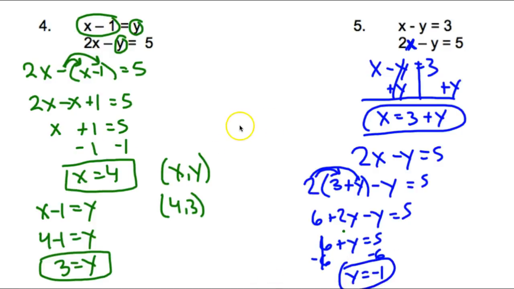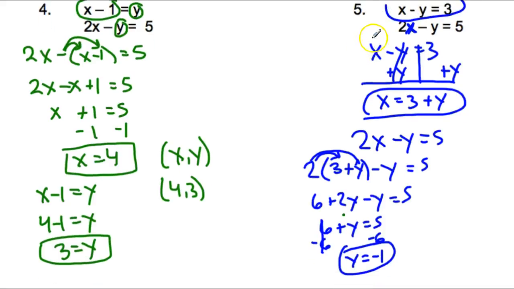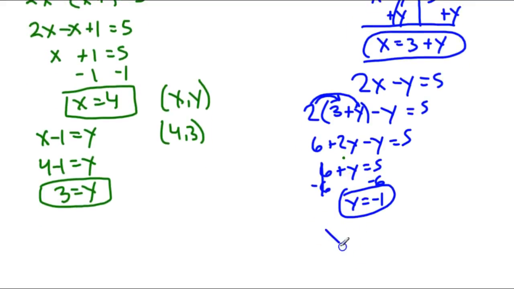So now, since y is negative 1, I can plug it into either of these equations to get my other one. I like this one again. I think that one looks a little easier. X minus y equals 3. So we have x minus y equals 3. Y is negative 1, so x minus, instead of y, negative 1 equals 3.